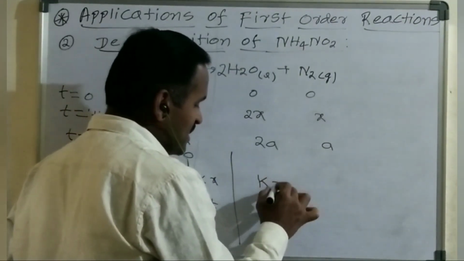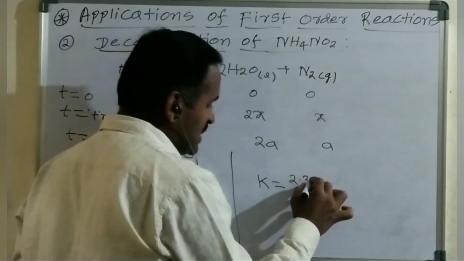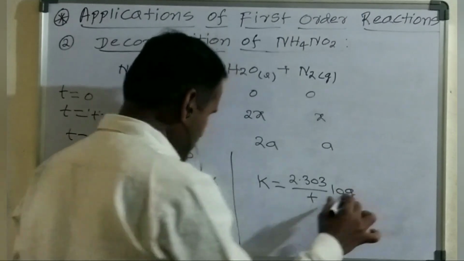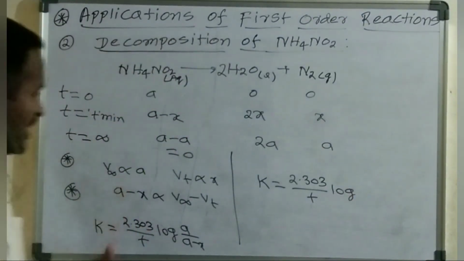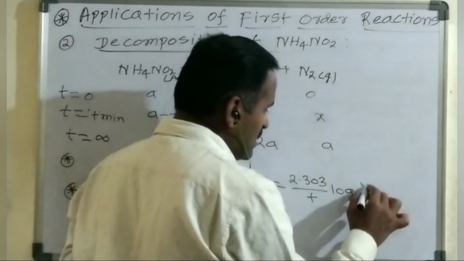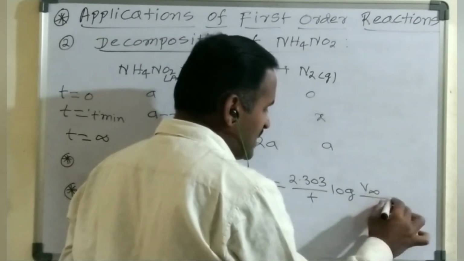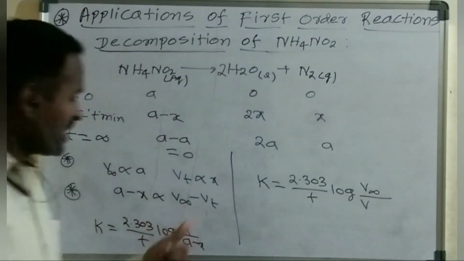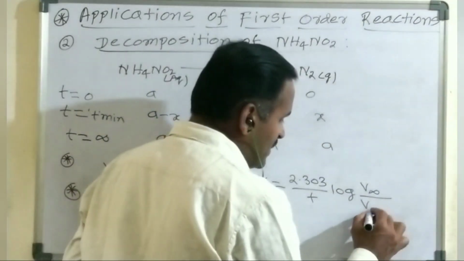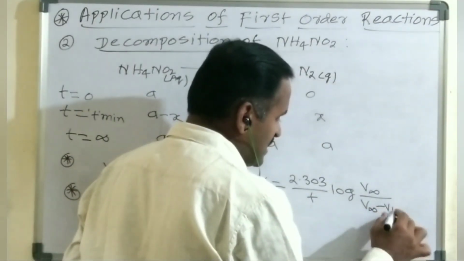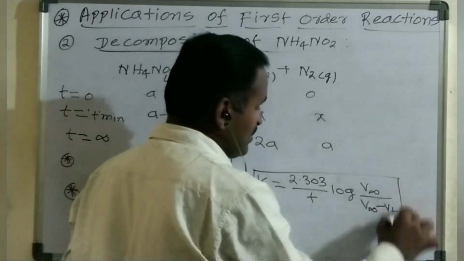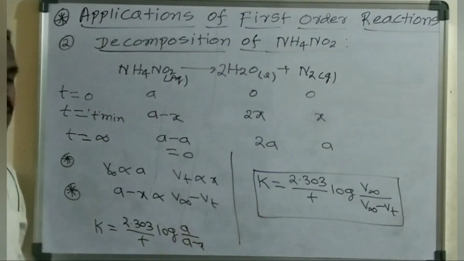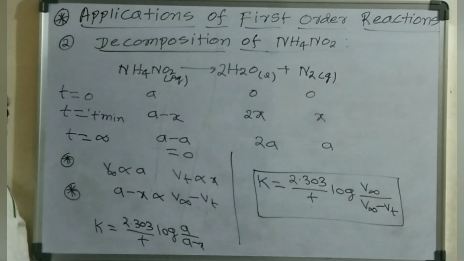This is the simple rate constant for the decomposition of ammonium nitrite.